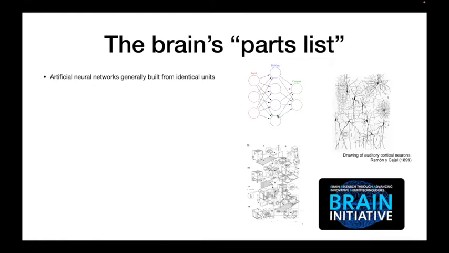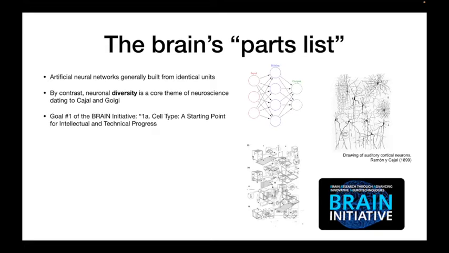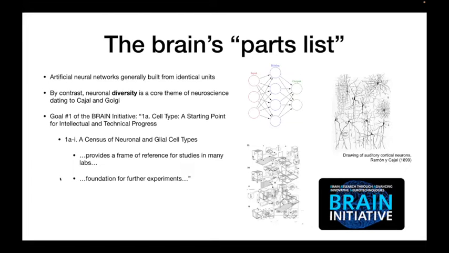They're far less diverse than the parts list that we can define in the brain. As I said, goal number one of the Brain Initiative was to define cell types. For this audience, I probably don't need to dwell on this too much, but having a reference of cell types will really enable progress across experimental and conceptual neuroscience.